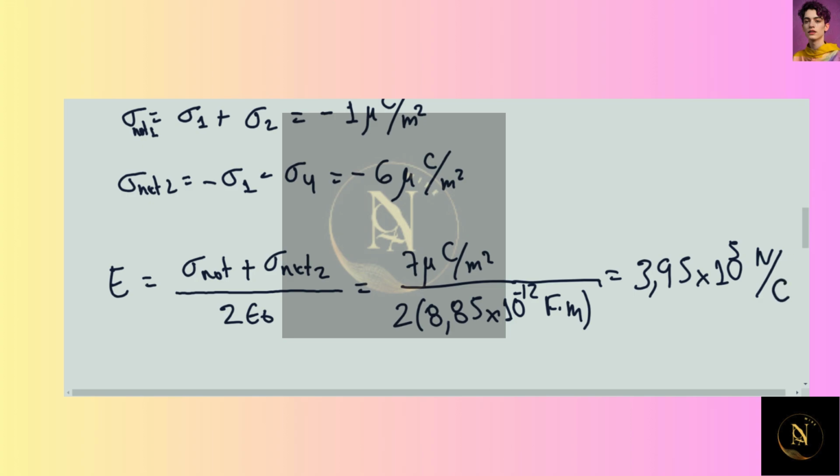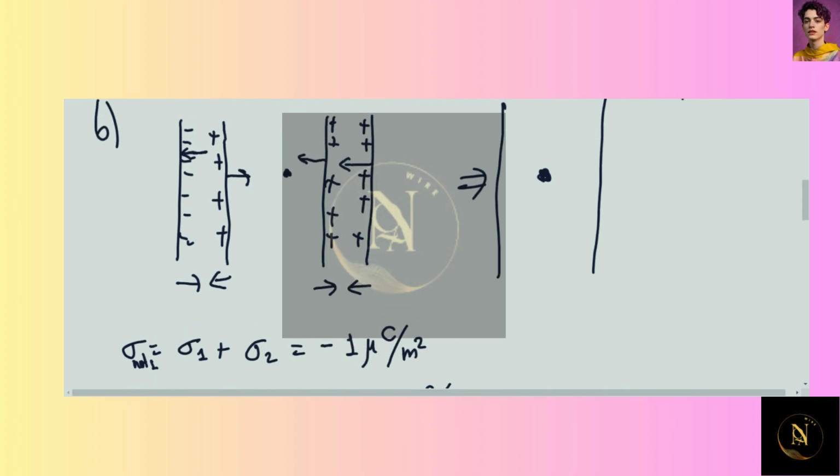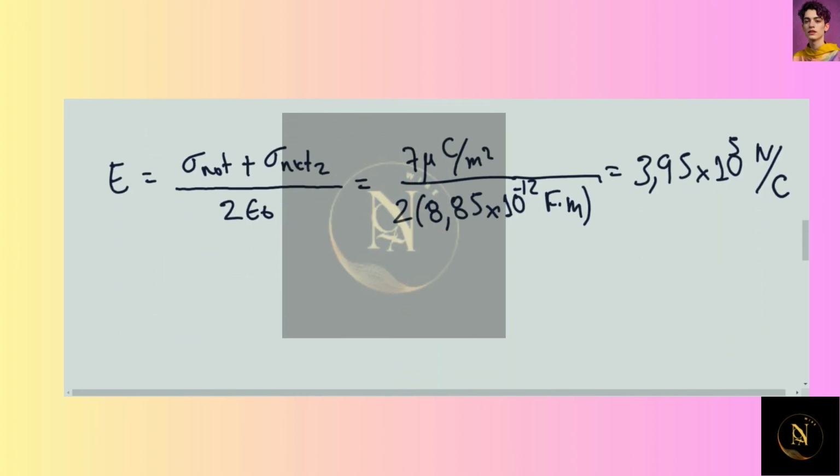And it is pointing to the left again, because we could see that the resulting surface charge density is mostly pointing to the left, so we will have a negative electric field pointing to the left.